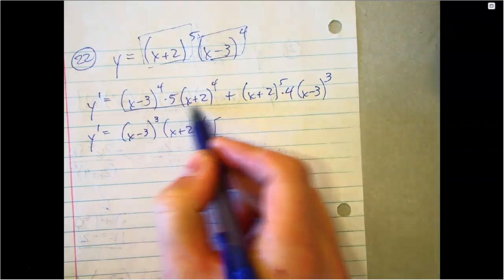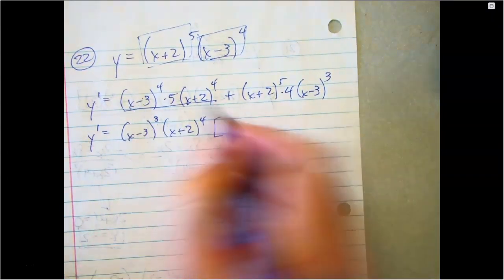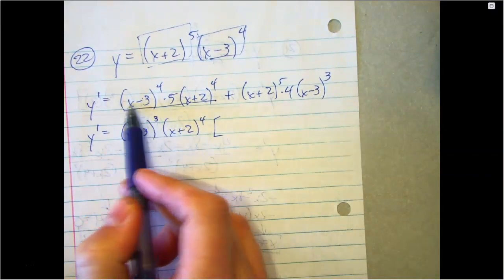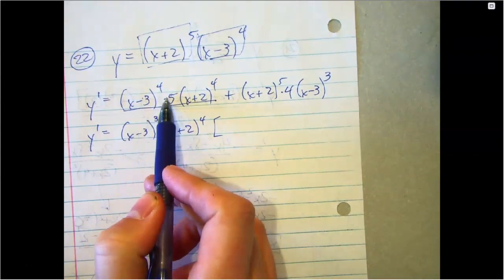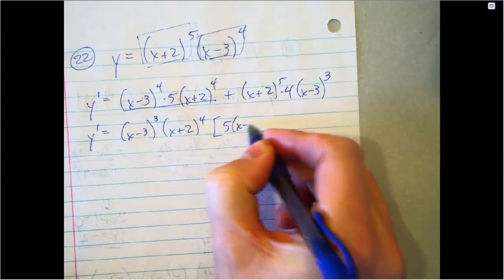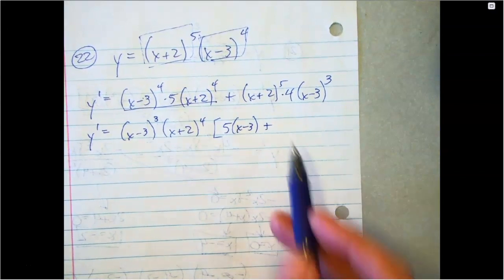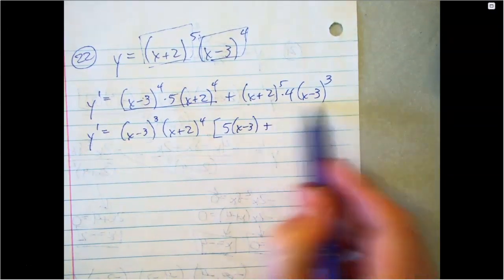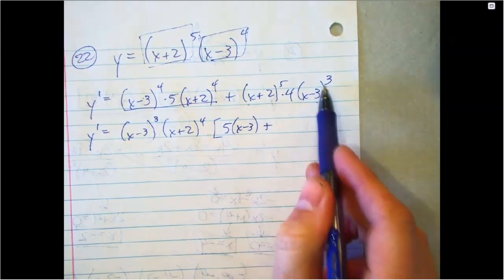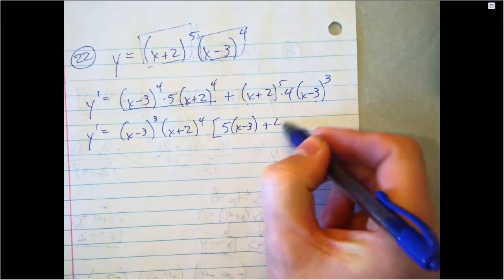And then if I did that to this term, I would still have an x minus 3 remaining. And I'd still have the 5 remaining. And everything else would cancel out. And if I did that to this term, the x minus 3's would cancel. There'd be a 4 remaining, and there'd be 1 of the x plus 2.